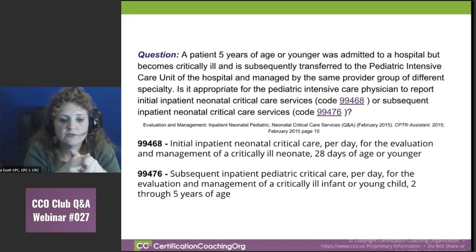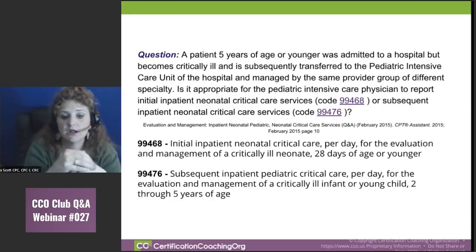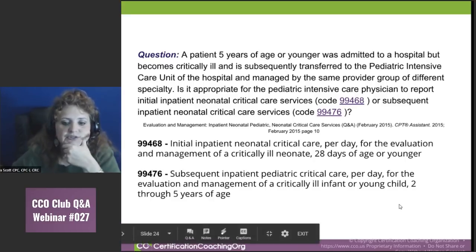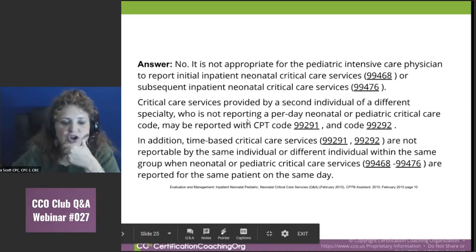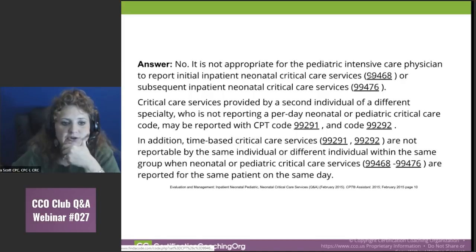And then subsequent inpatient pediatric critical care, same thing, infant or young child, 2 through 5 years of age. You think, well, doesn't the age throw it out? Well, let's look. No.